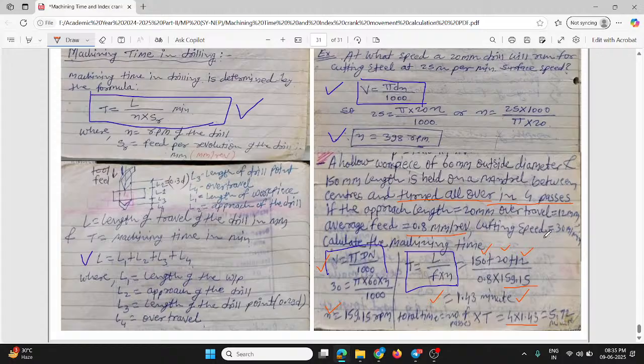Okay, so such kind of numericals are there in your syllabus.